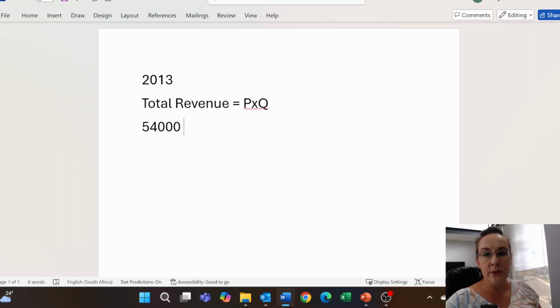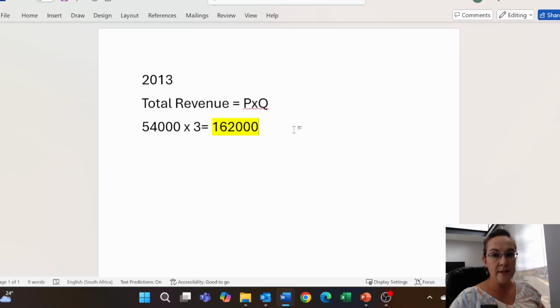In 2013, we have 54,000 units and we're selling these units at a price of $3, and that will give us $162,000. I highlighted the $162,000 as we are going to need it after we calculated our revenue for 2014.